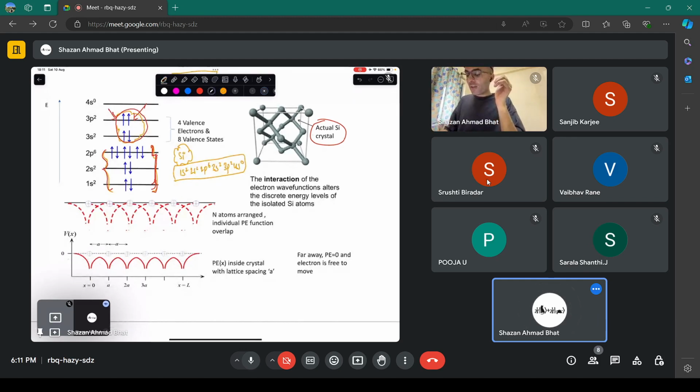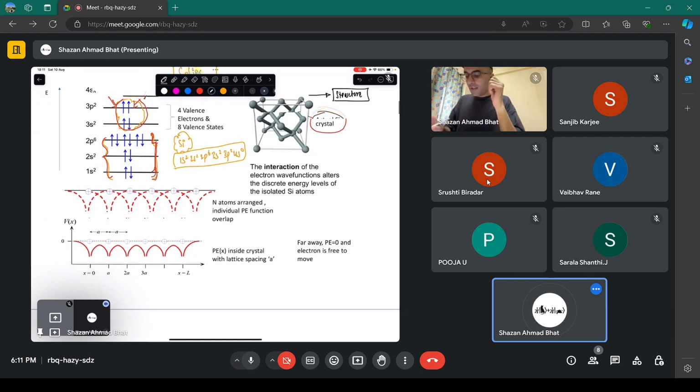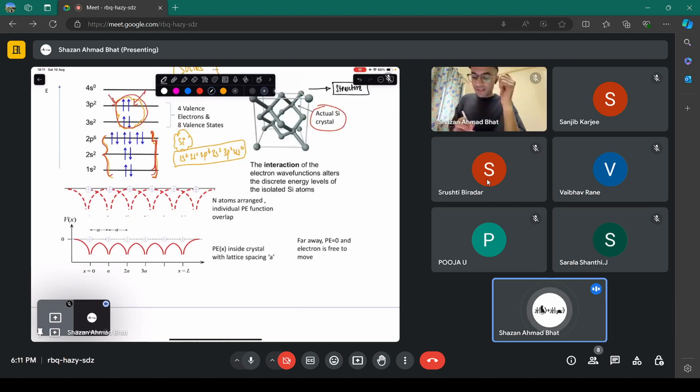So if we talk about the actual silicon crystal, this is the actual structure of the crystal, the diamond structure, for which you have solved the previous problems. Now there are many atoms. These are the atomic nuclei, which are closer to each other in the solid.